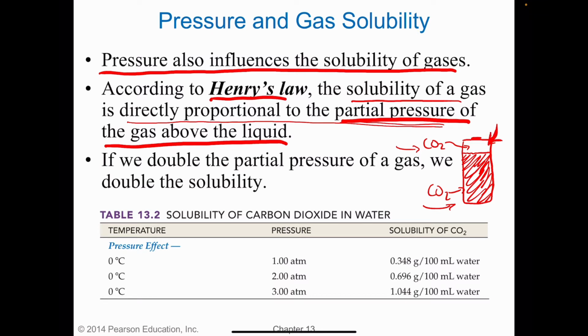As soon as you pop it open, you're releasing that pressure. The pressure quickly drops from some high number to atmospheric pressure when you open up a can of soda. And notice what happens to the solubility: it drops. That's another reason why, when you open up a can of soda, you get a whole bunch of bubbles coming out. The pressure dropped, and now the solubility of the CO2 in your soda can is suddenly much less than it was a moment ago.